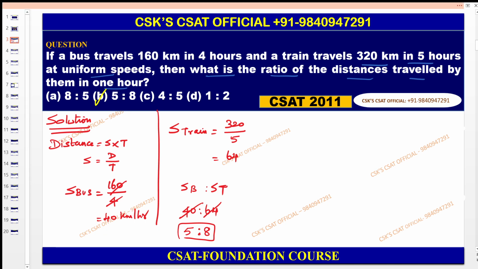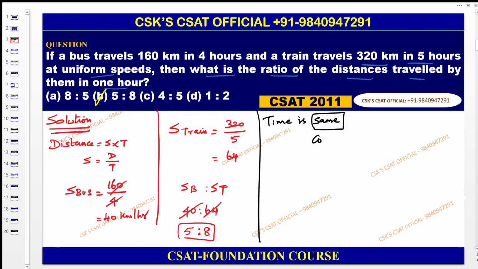Listen, let me add up. Here the time is the same. If time is the same, you can take it as a constant. When the time is constant, the distance is directly proportional to the speed.